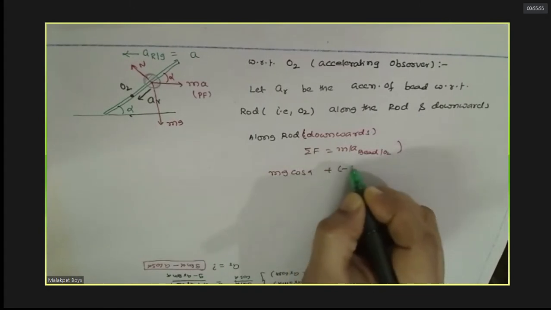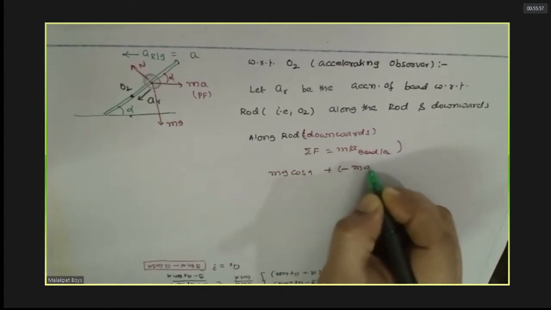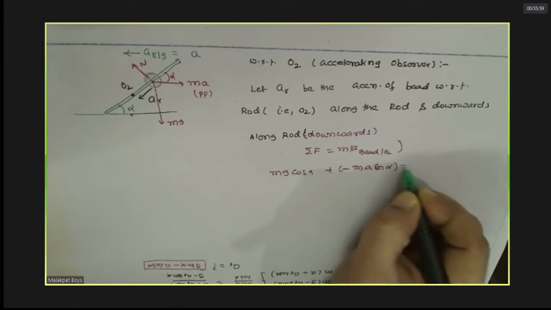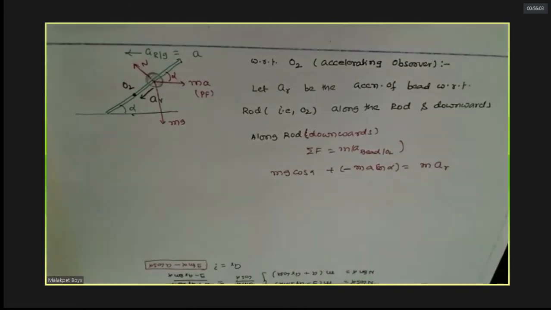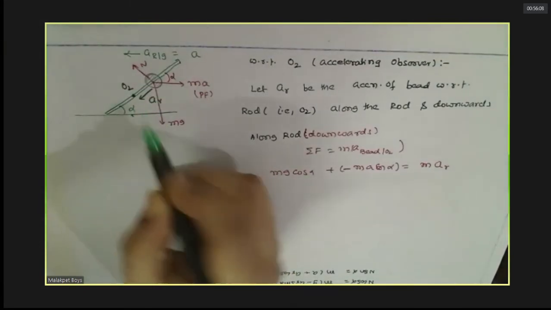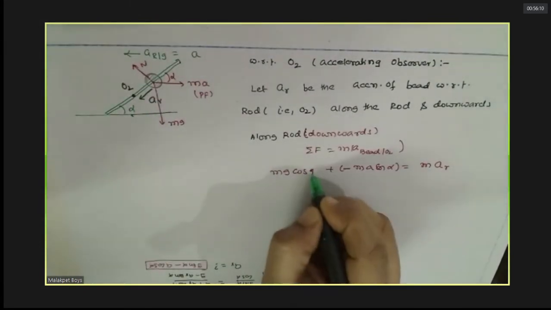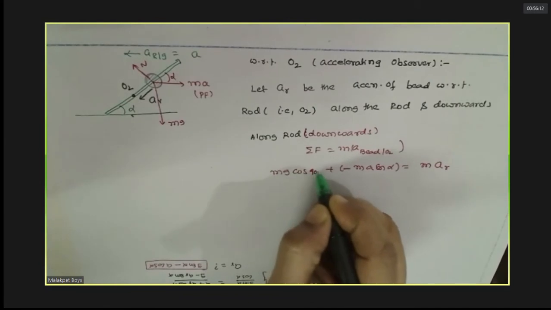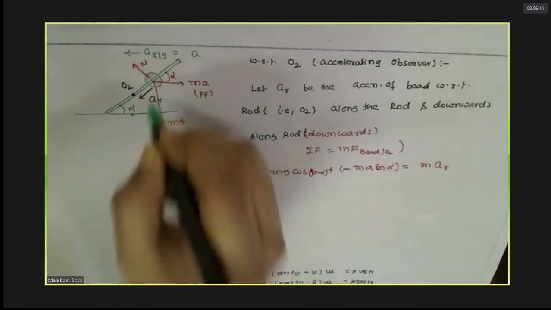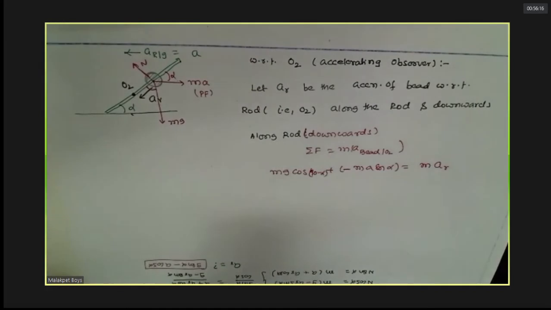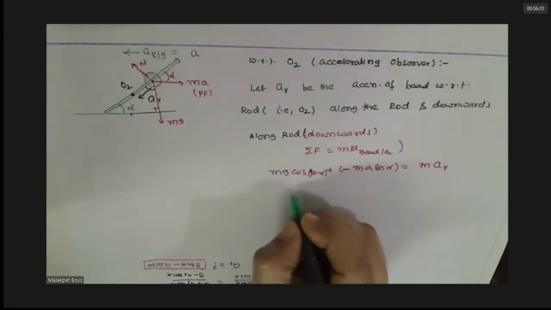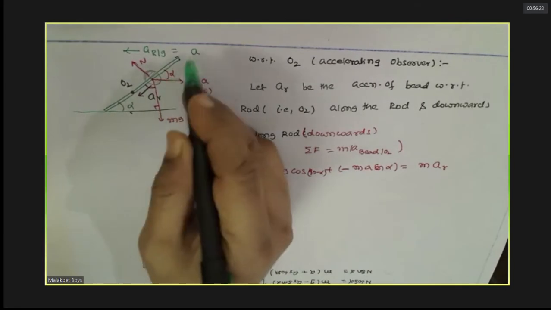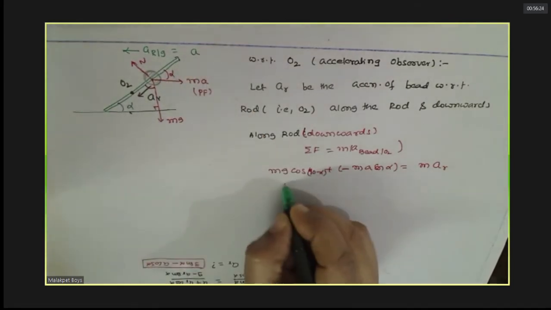Plus or minus ma sin alpha, opposite, no? Equals m into AR. Do you agree with this equation? This is mg cos alpha, sorry, cos 90 minus alpha, no? Yes, sir. This is 90, no? So this is ma cos alpha, no?